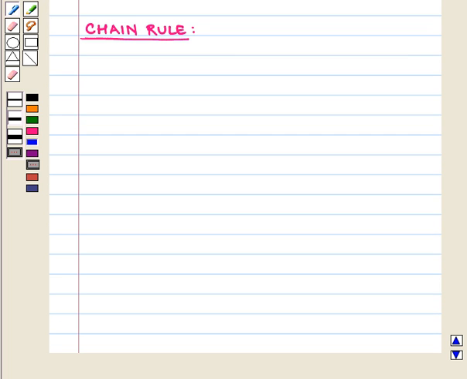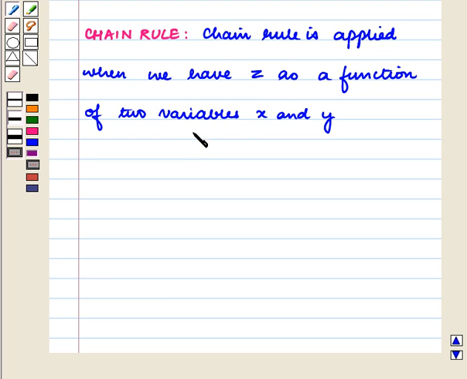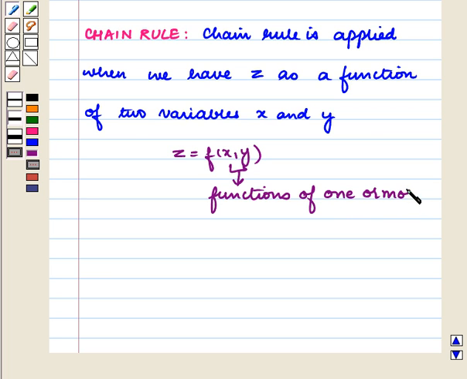Let us now discuss chain rule. Chain rule is applied when we have z as a function of two variables x and y, that is, z is equal to f of xy, where x and y are further functions of one or more independent variables.